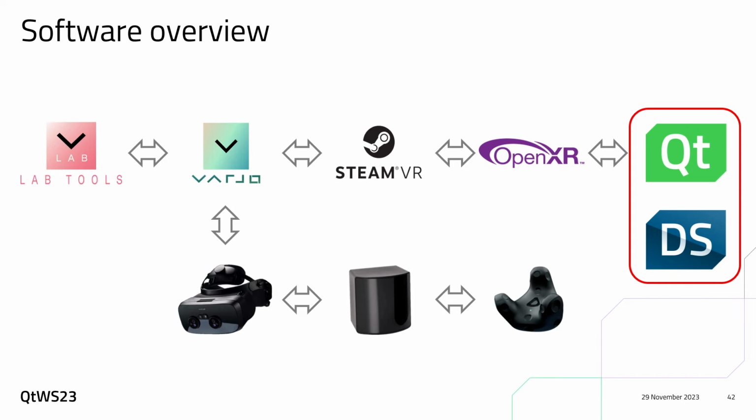At the end, our Qt 6.5 project is connected to the setup through OpenXR. We are actively using both the Qt Design Studio and the Qt Creator. Qt Design Studio we are using for the scene modeling, as Krzysztof described, and the Qt Creator for modifying the project and running it on a headset.